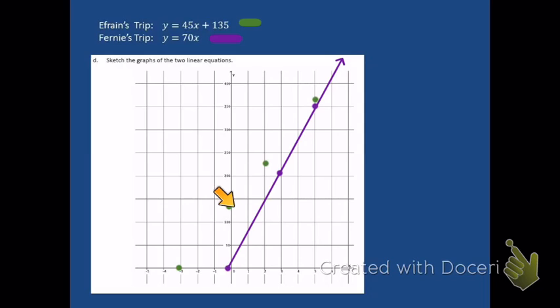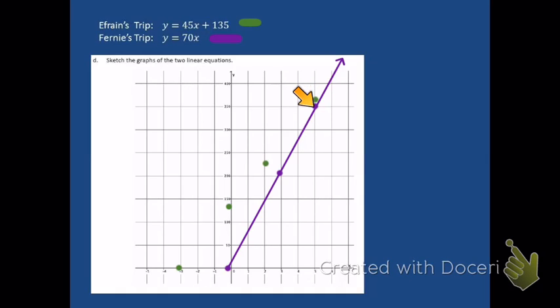Okay, and then at 2 hours, he has gone 2 times 45, which is 90, plus the 135. So that comes out to 225. That was a pretty easy point to plot too, right? Halfway between 200 and 250. And then I calculated that for 5 hours, he would have gone 360 miles.